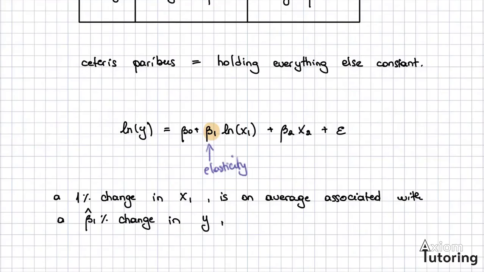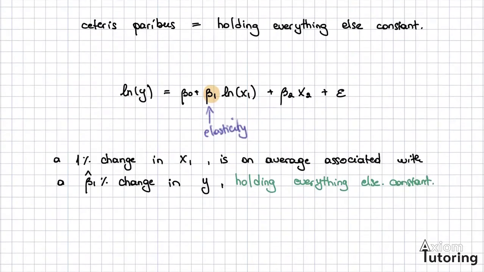Then, and I'm going to change color here because this is what we are adding, holding everything else constant. Or in this case, since this is not a very long multiple regression, I could have just written holding x2 constant.